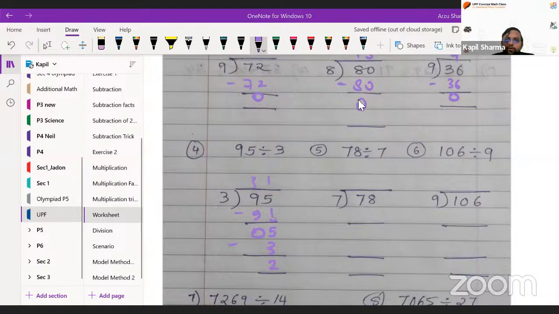Okay, next one. 7 times. Okay, good. So we bring down 8, then 7 times 1, it's 1. Okay, next one. Okay, Swastik. Parth, are you there?